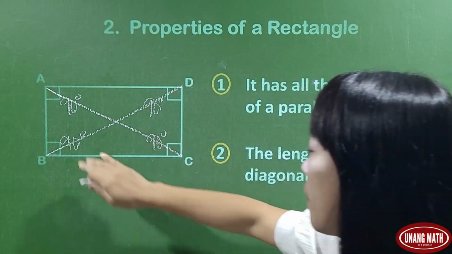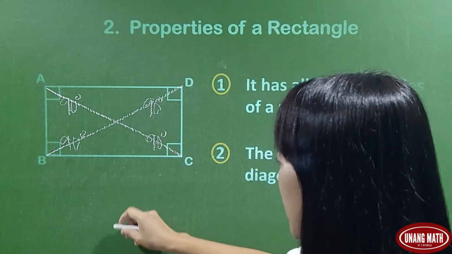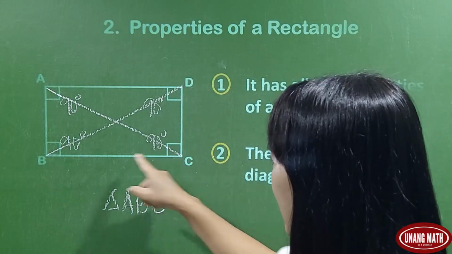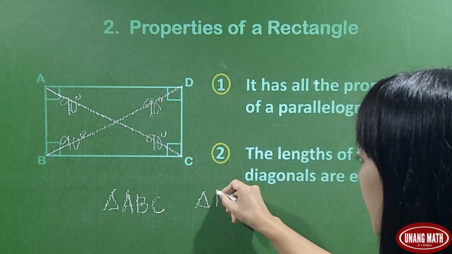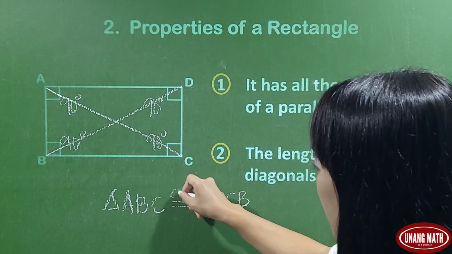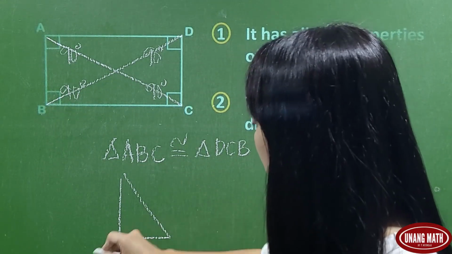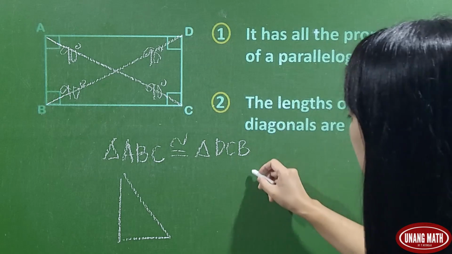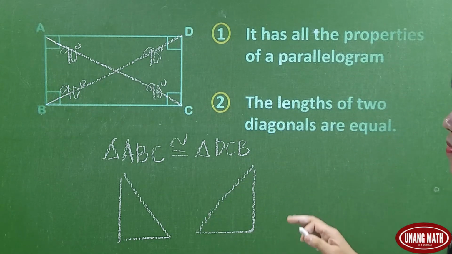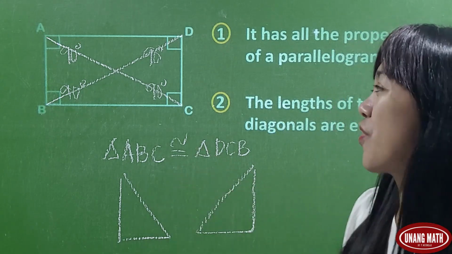Let's prove that. When we draw these two diagonals, we have triangle ABC and triangle DCB. These two triangles are congruent triangles. I just mentioned that these are congruent triangles.